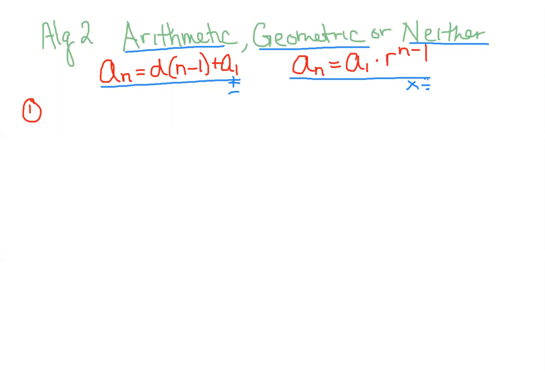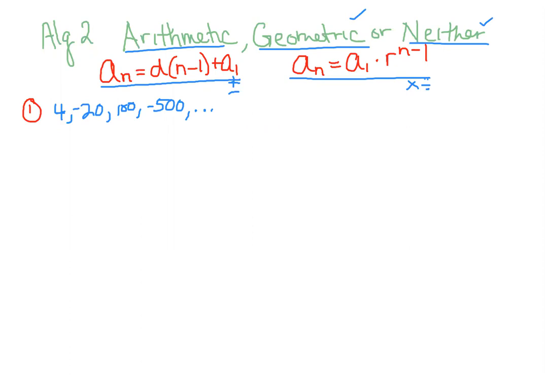So looking at number one, the fact that it goes back and forth between positive and negative tells you right off the bat that it can't be arithmetic. So it's got to either be geometric or neither. So let's check.